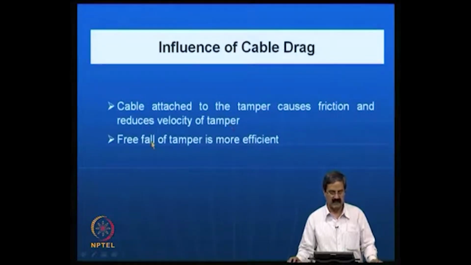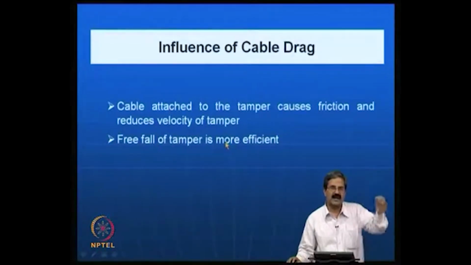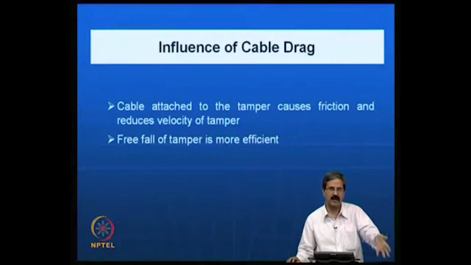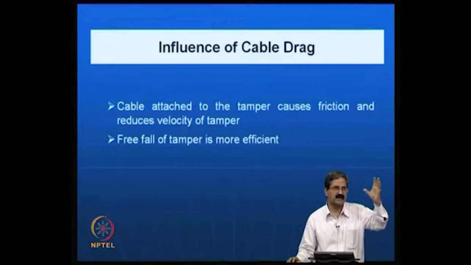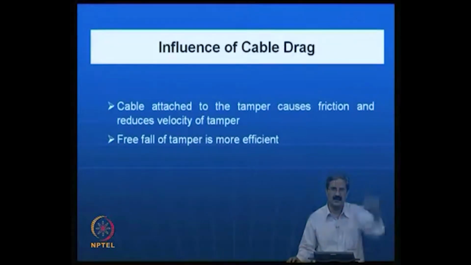Then free fall of the tamper is more efficient. Yeah, that is what we want, because all the energy that you are trying to give should go totally into the system. There should not be any loss, like in the case of the SPT test, where we have losses in the transfer of energy. That is why the energy transfer in the case of SPT is about 50 to 60%, it is not much.